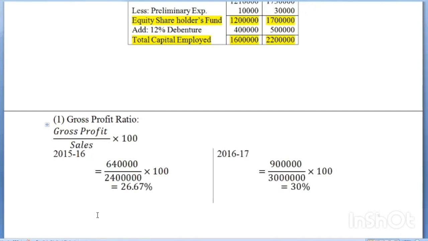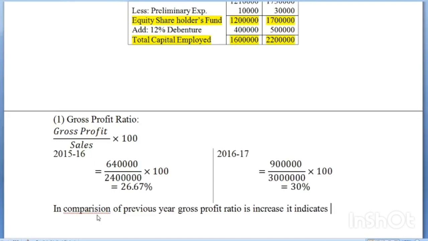So we can write here: in comparison of previous year, gross profit ratio is increased. It indicates an overall increase in profitability of the company.